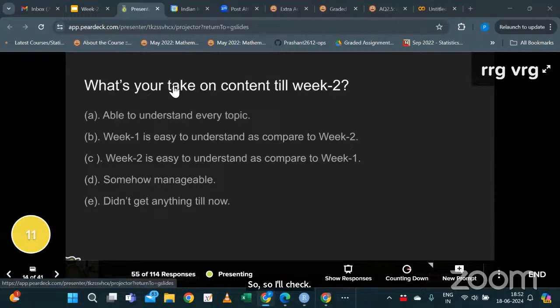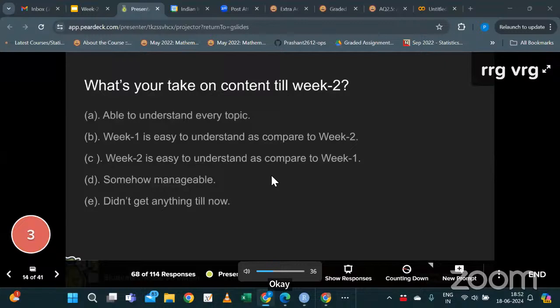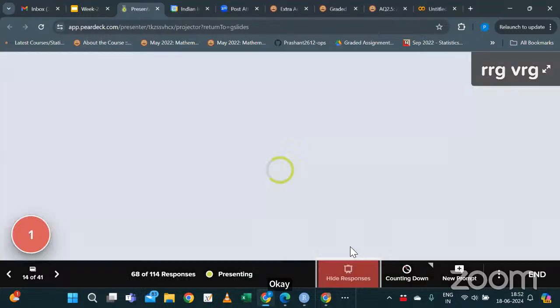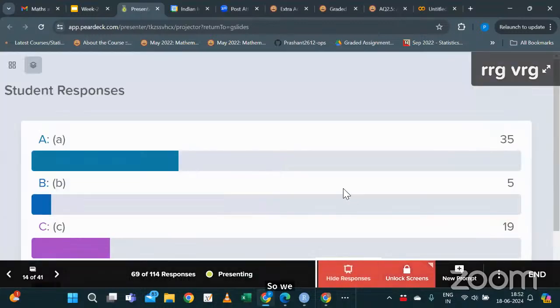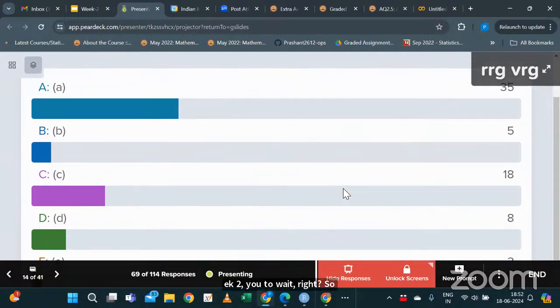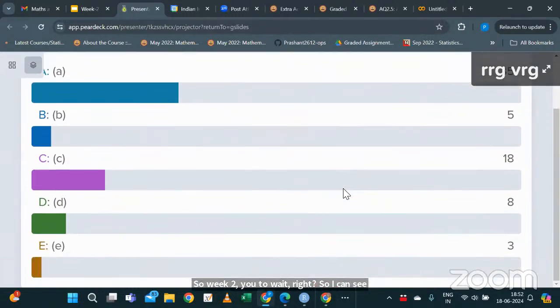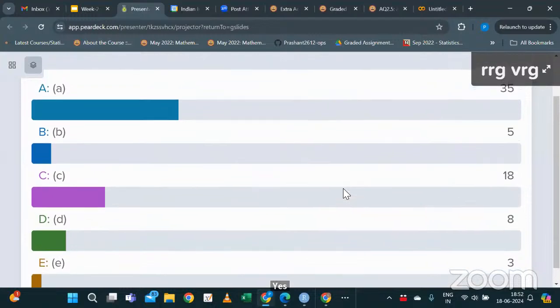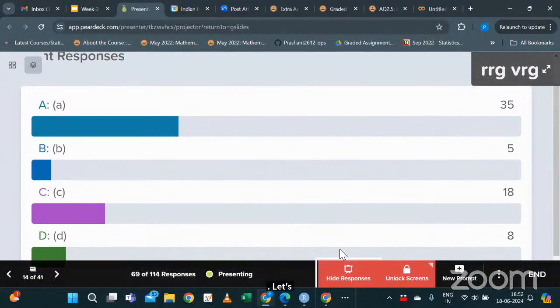This week's computational thinking is tough, but English is understandable compared to it. In week 1 I scored full marks, but in week 2 I have not been able to. You have to qualify. So I can see the maximum majority is with option A. Option E, only 3 people. Option C is 80.